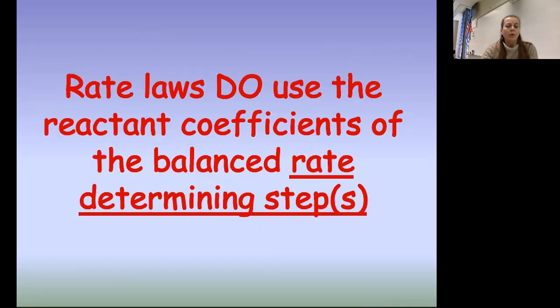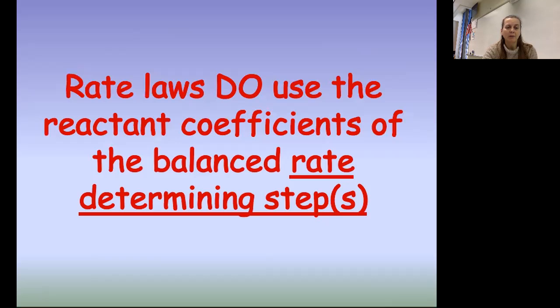Okay, we have said, as we've talked about rate laws being determined experimentally, we have said that rate laws do not depend on the coefficients of the balanced chemical equation, and that is still true. However, rate laws do depend on the reactant coefficients of the balanced rate determining step. So if we have a unimolecular reaction, we're going to have a first order reaction.